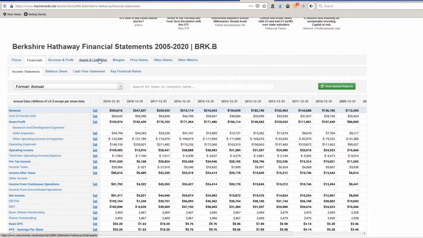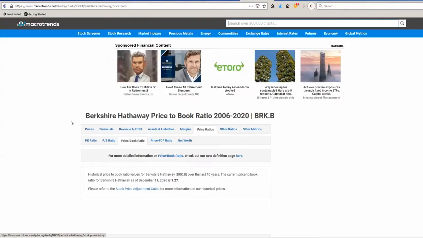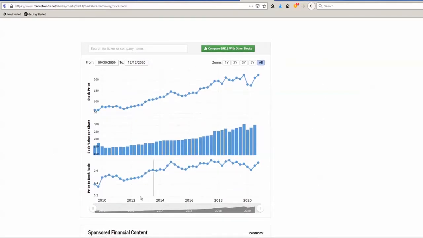Now let's have a look at the price ratios, for example, and the price to book ratio, which is a very key one. So price to book, Berkshire is 1.27 as of the 11th of December, and we're at the 13th of December today, so that's Friday, so it's pretty up to date. And look at this history going back over a long period of time.